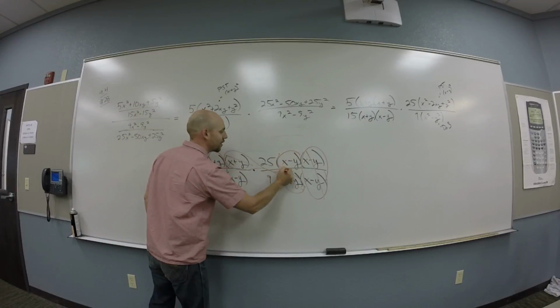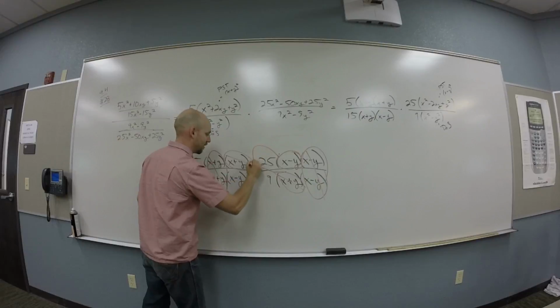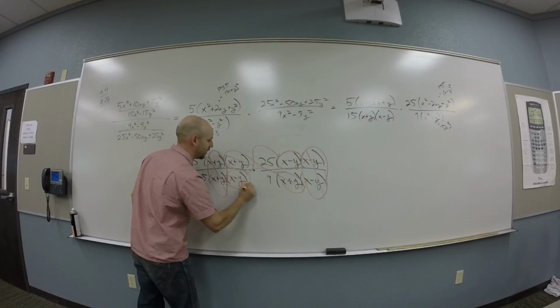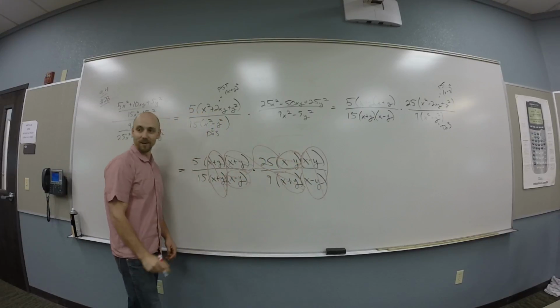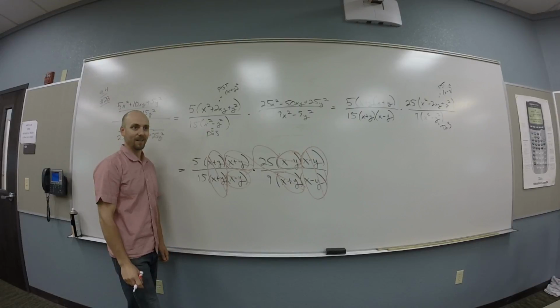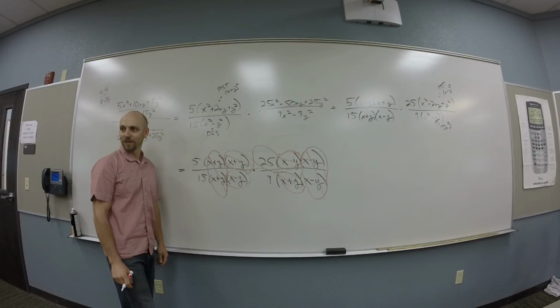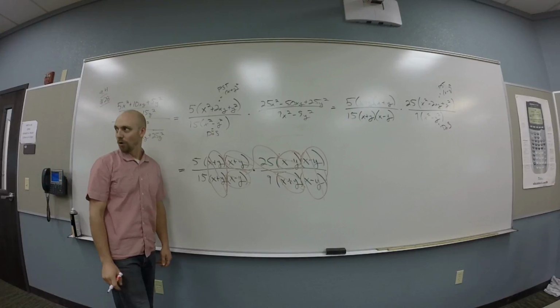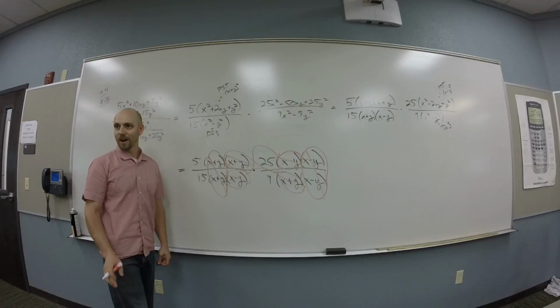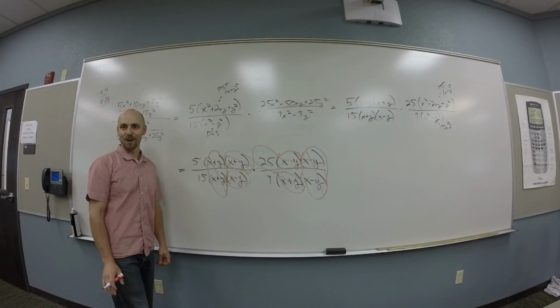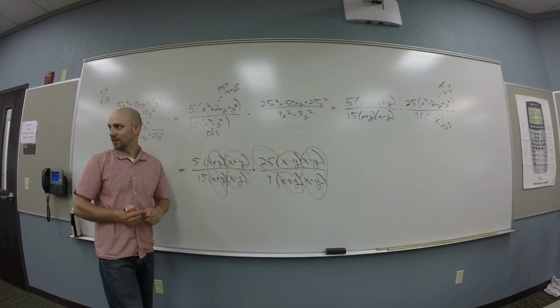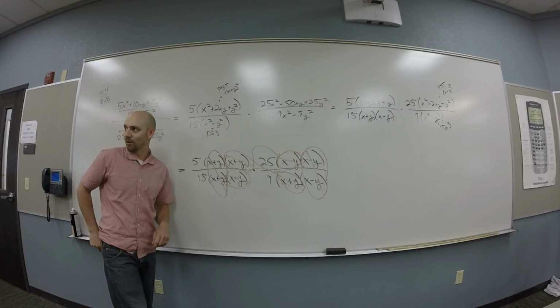And then there's a similar pairing of x minus y's. At this point, I'm left with numbers, and I believe that I've sort of over-canceled, right? I wrote down way too many cancel steps at one time. I would advise that you stick to 2 or maybe 3 in one stage.